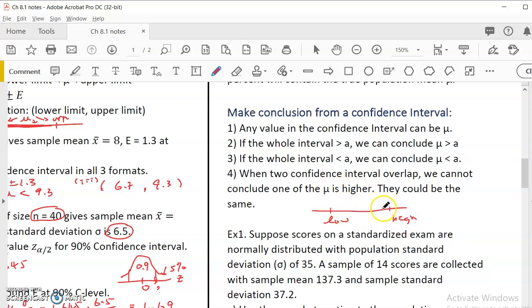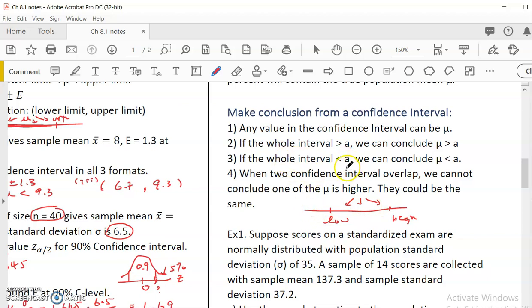It could be any of these numbers. So any value in the confidence interval can be mu. We just don't know. We only have one sample, right? If the whole interval is greater than a number, so for example, this is 5 and this is 7, all of them are greater than 1, then you say my mu must be greater than 1 because it's outside.